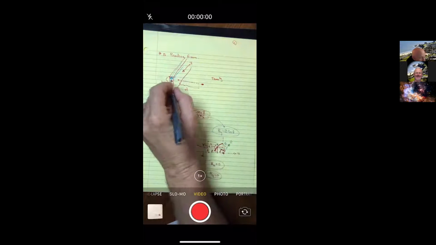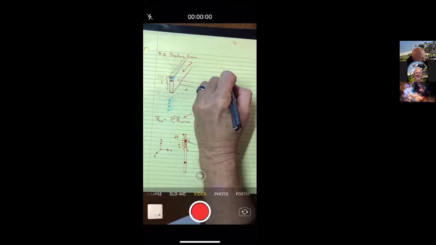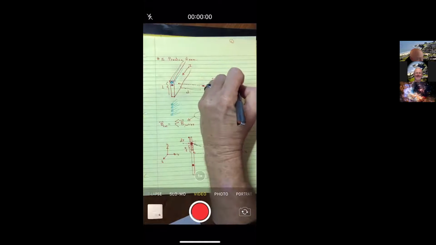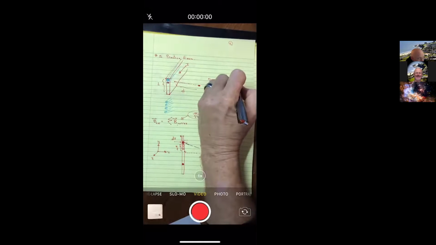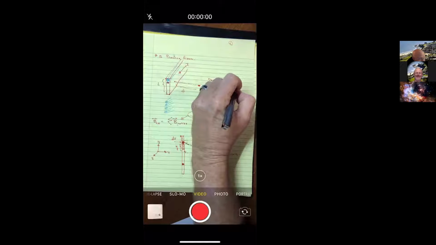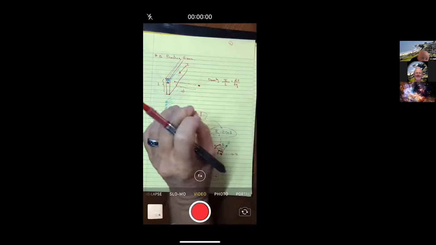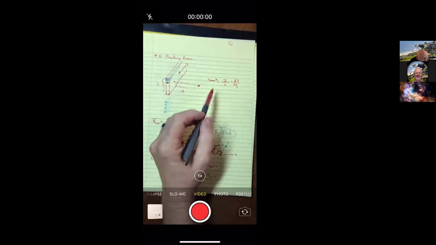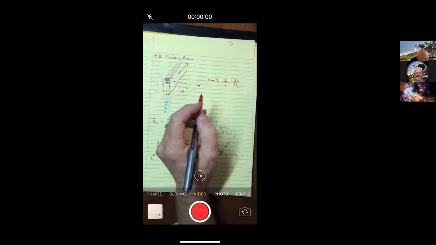If I took the whole current, which is I, and divided it by its whole width, so that whole current is spread out on a vertical line of L, that should be equal to the little bit of current in that one little wire, divided by the width of that one little tiny wire. I'm going to call it dy.